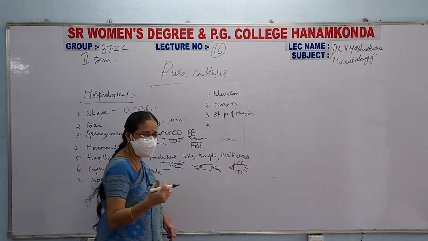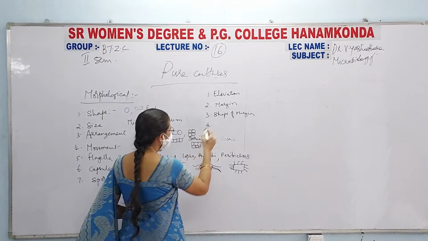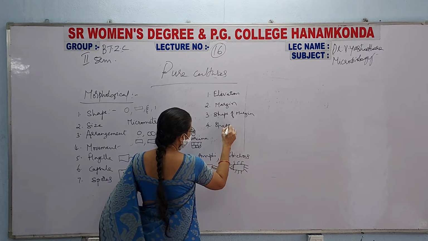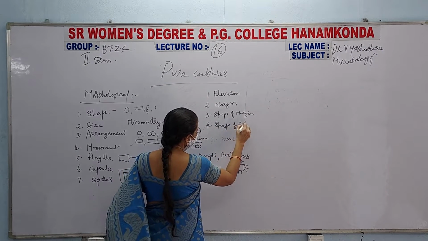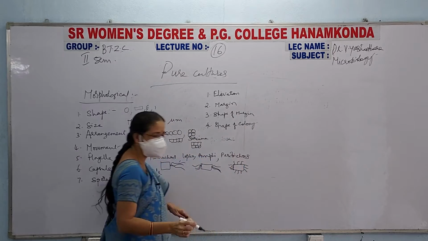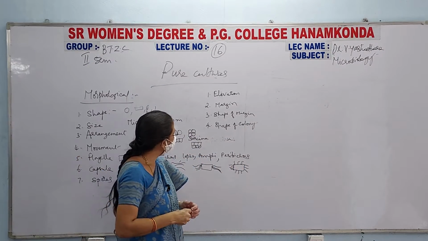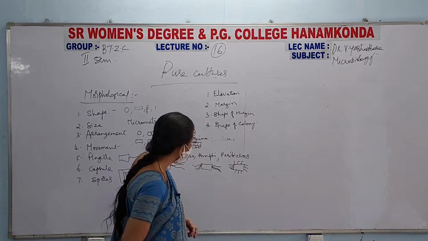See here, slowly I will tell you. Next, shape of colony. See here, coming to the next one, morphological characters only.